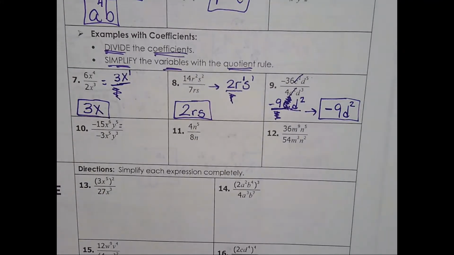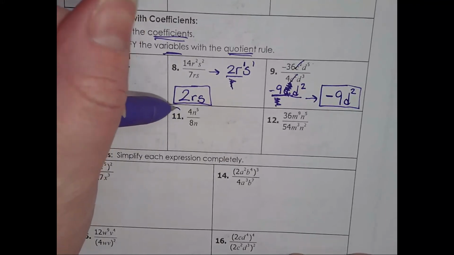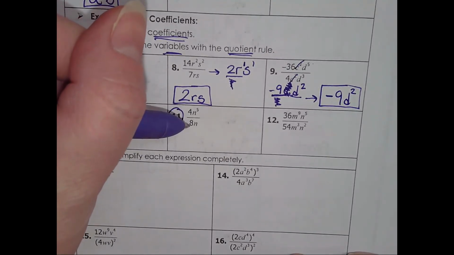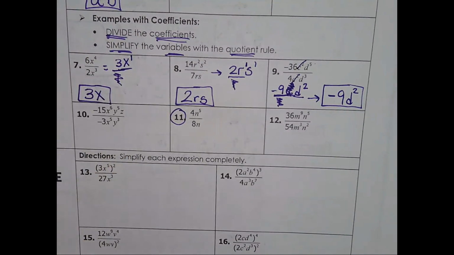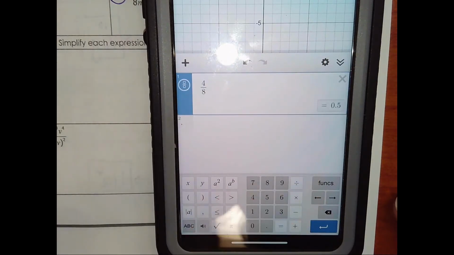The last ones I'll show you guys. For number 11, we have 4 over 8. I wonder if the calculator will turn this into a reduced fraction for you. If we do 4 divided by 8, we get 0.5.